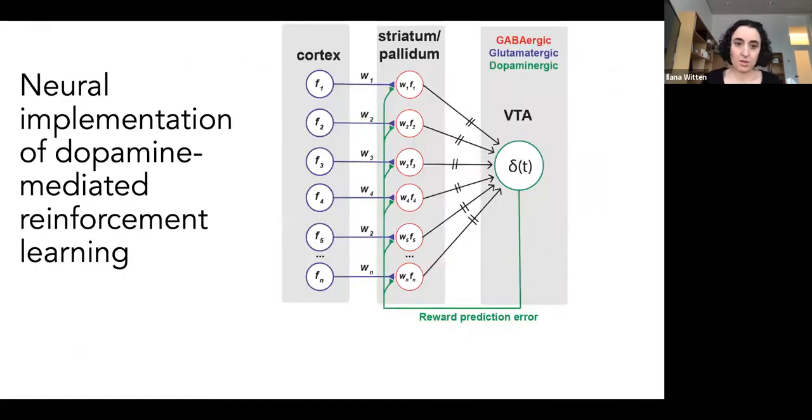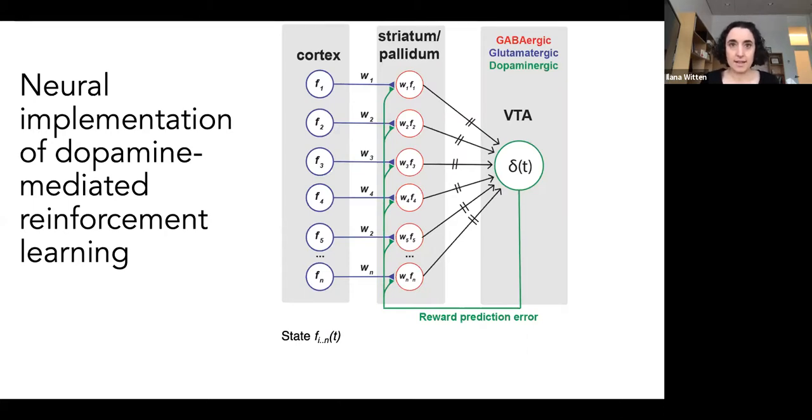So how is this thought to work? What do we think we know about the neural implementation of dopamine-mediated reinforcement learning? This is a classic schematic of a classic hypothesis where the cortex encodes the state of the world, like stimuli in the environment or possible actions or recent actions.